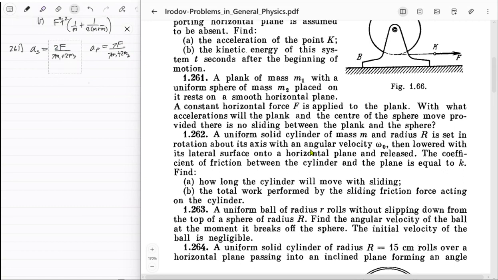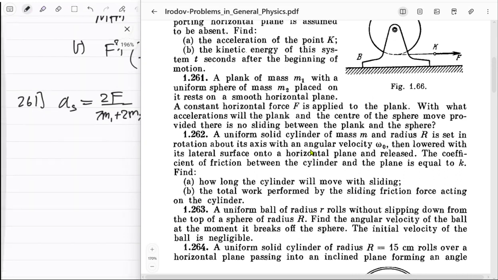Sometimes energy is not the best way. Sometimes you got to do actual motion analysis. Okay, 262. Let's do the thing. A uniform solid cylinder of mass m, radius r, is set in rotation about its axis with an angular velocity omega naught, then lowered with its lateral surface onto the horizontal plane and released.